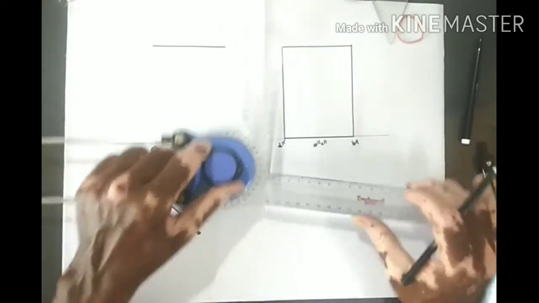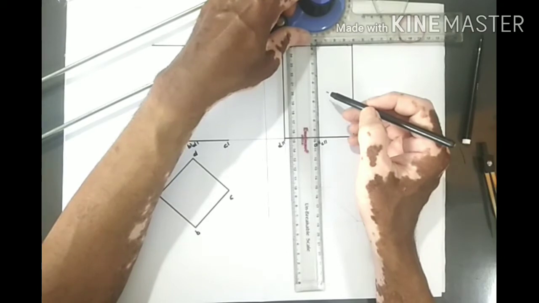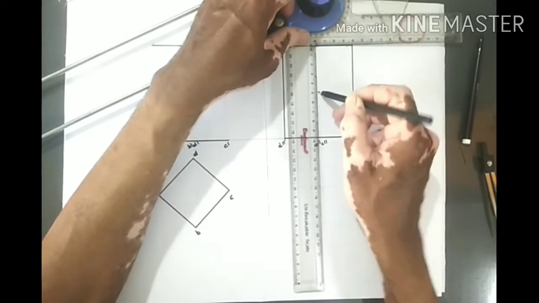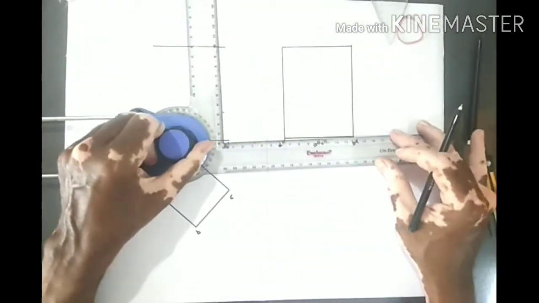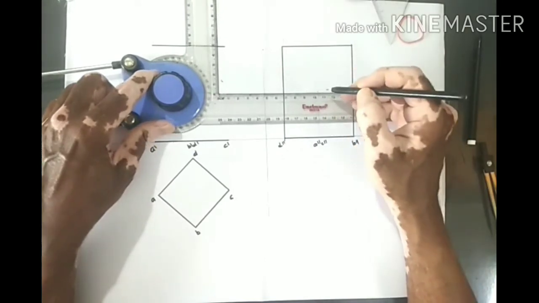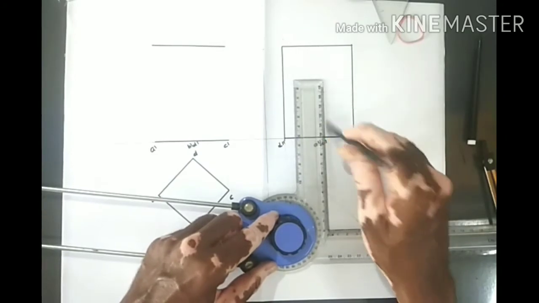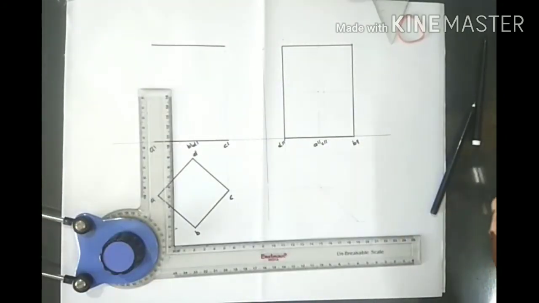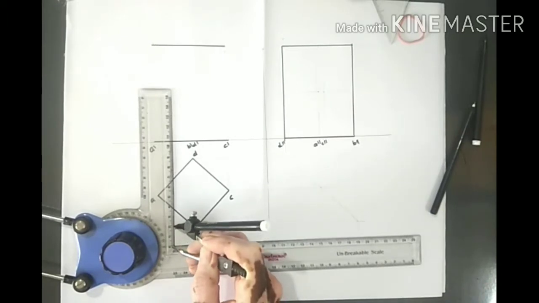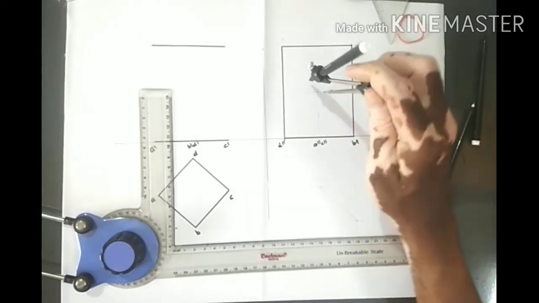So this 100 midpoint is 50, 50, and 6 mm. So this 6 mm, and this is the axis of the cylinder. Now diameter of the cylinder will be seen in side view, and diameter is given to us, that is 40 mm diameter. So this 40 mm.